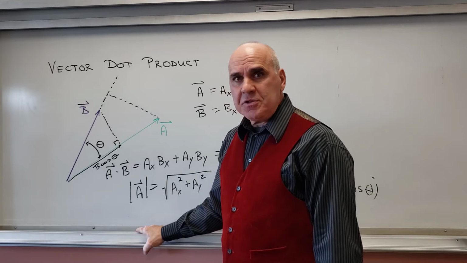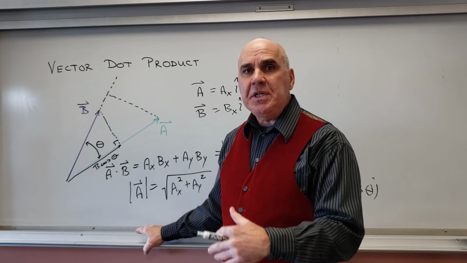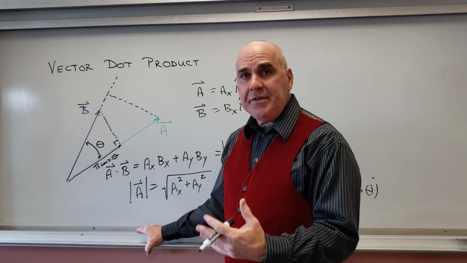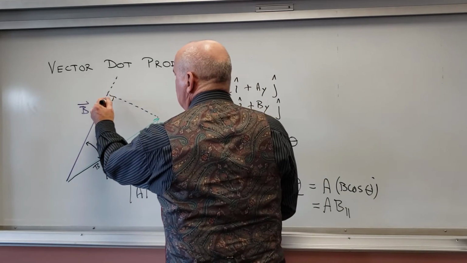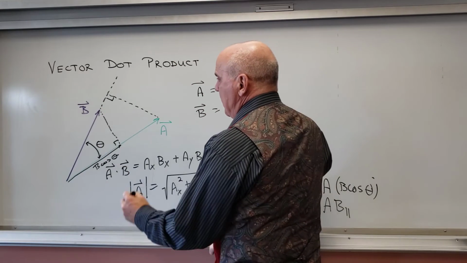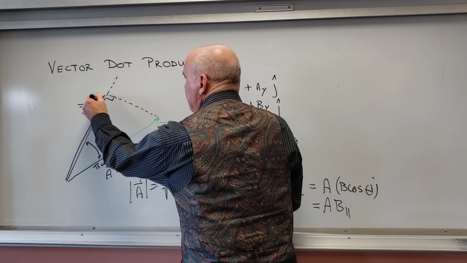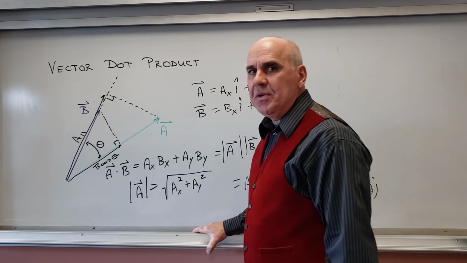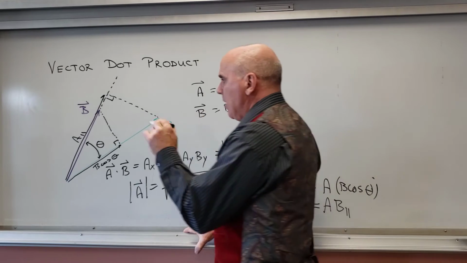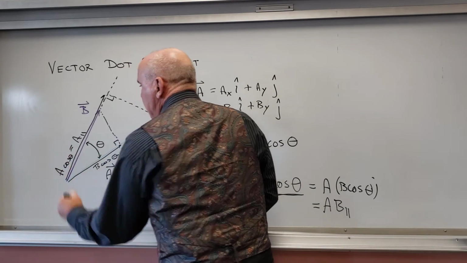When we talk about forces, we're going to refer to that as the line of action of the force B. So think of this as the line of action of the vector B. If this is perpendicular right here, then A cosine theta would be this length here. So this would be A parallel, the component of A parallel to B. Again, this is A cosine theta.